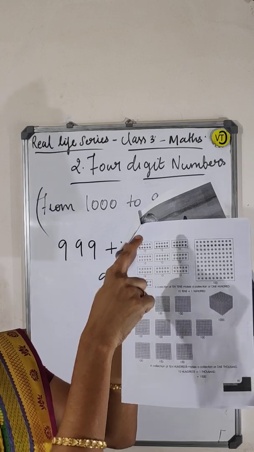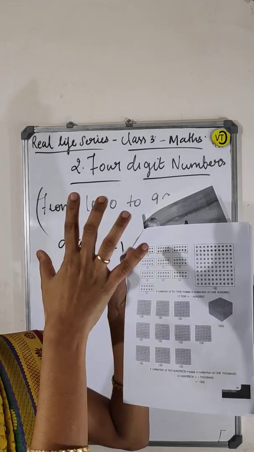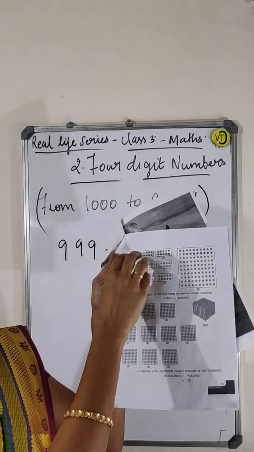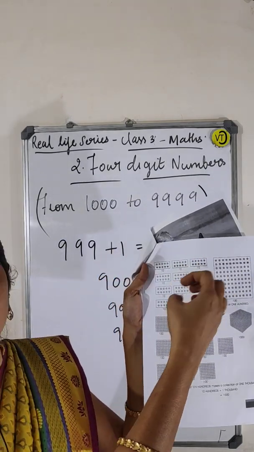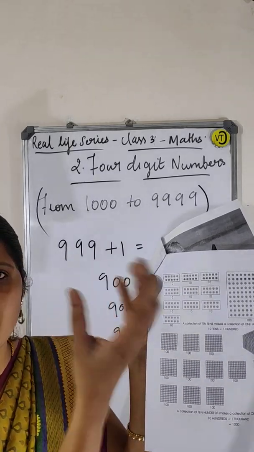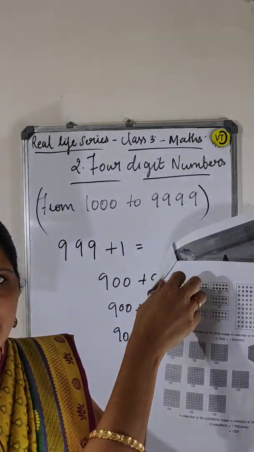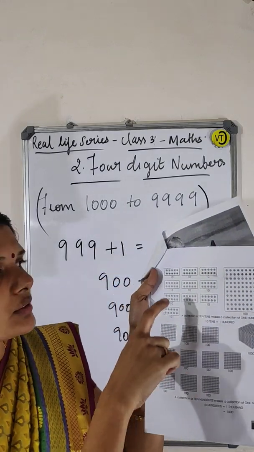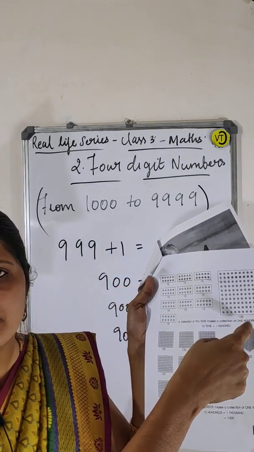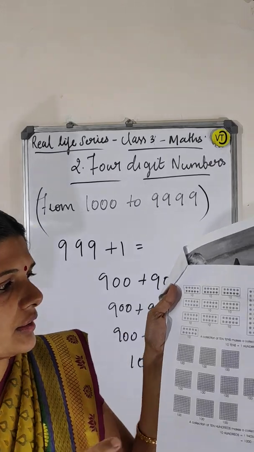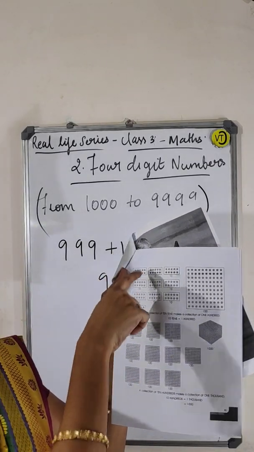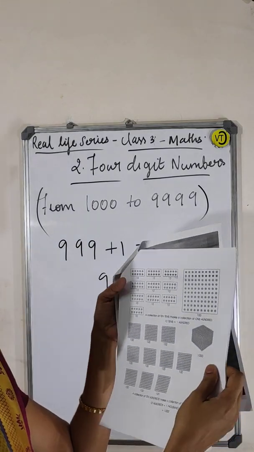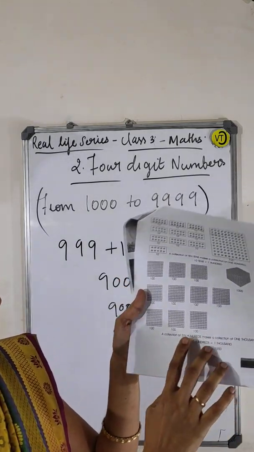So 10 into 10 is 100 dots in total. If I take all the dots or balls and keep them in a big container, I have 100 balls. So 10 tens are 100.